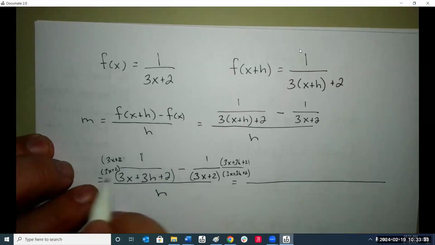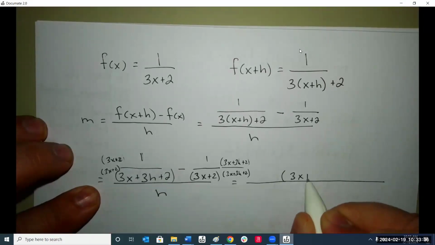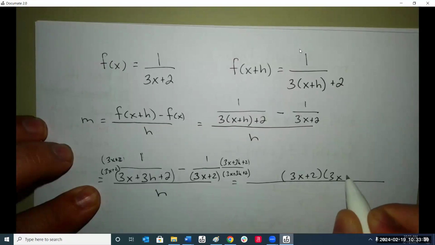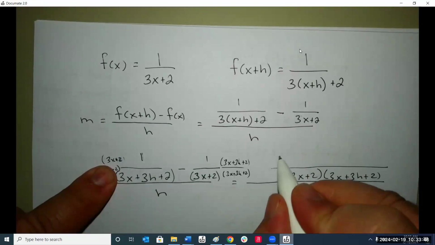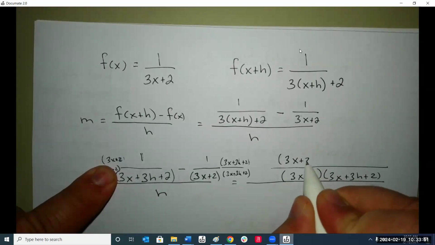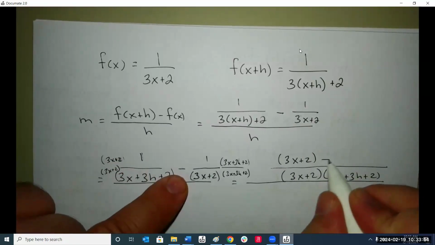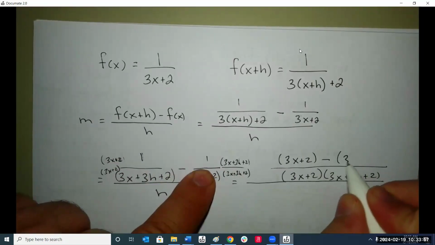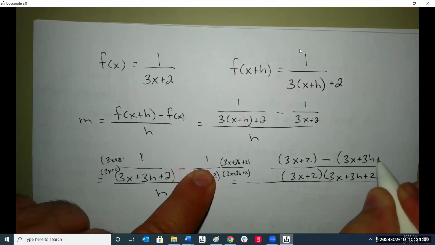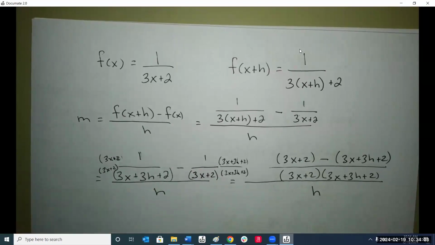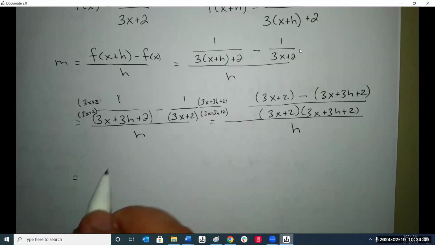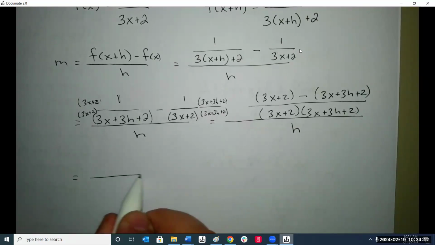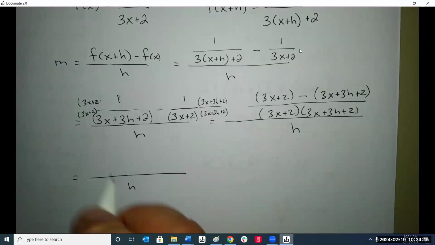All right, so we have a common denominator now: 3x plus 2 times 3x plus 3h plus 2. That's the bottom number. On top, we have 3x plus 2 times 1, minus all that times 1, which is 3x plus 3h plus 2. Okay, we're getting closer. Let's go ahead and fix the top.